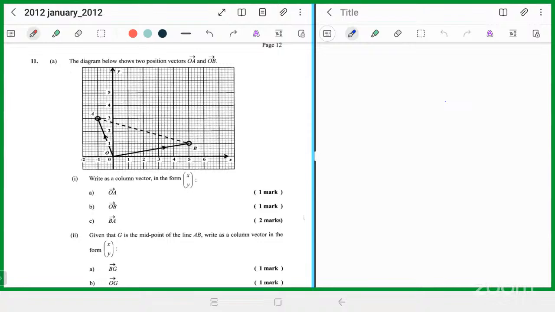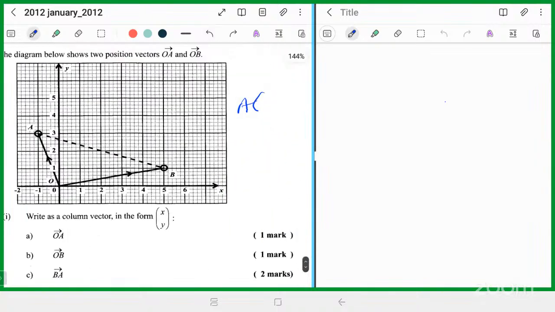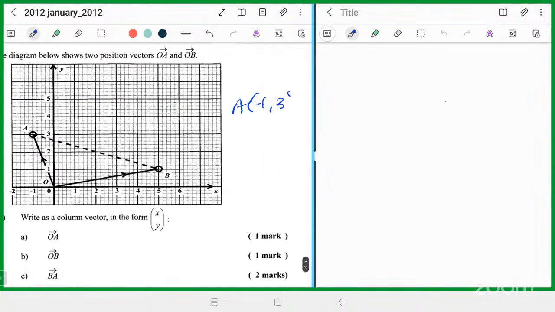For the position vectors, we can get them from the coordinates. A, for example, on this diagram is the point (-1, 3). And B is the point (5, 1).